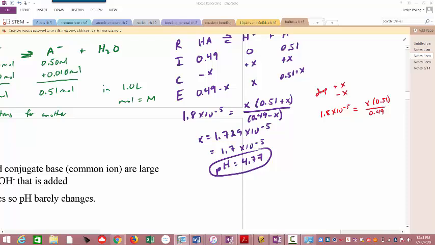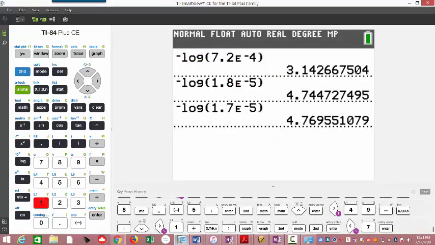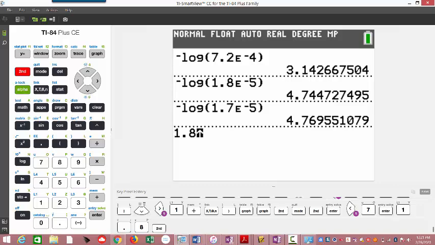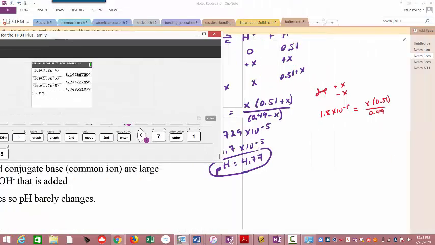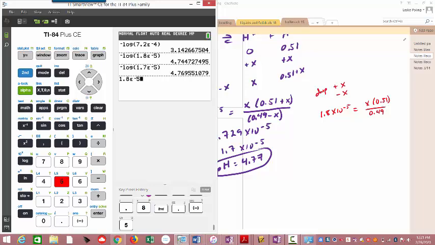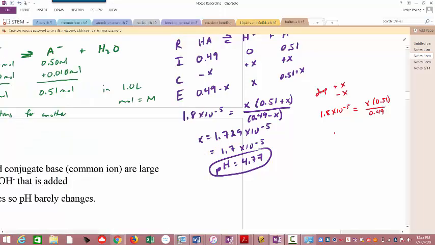So x equals 1.8 times 10 to the minus 5 times 0.49 divided by 0.51. And there we go. Our approximation by dropping the x matches what we get with our solver.